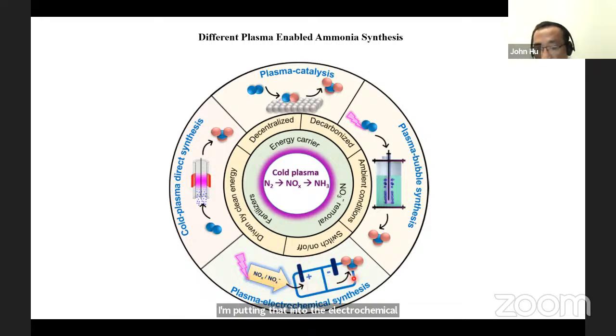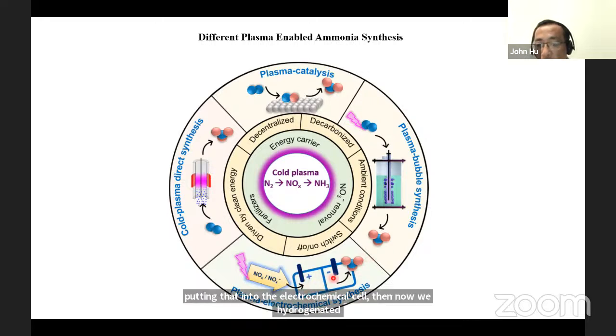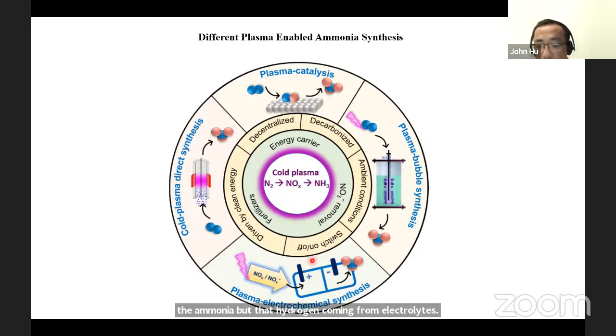Then it is hydrogenated into ammonia, but that hydrogen comes from electrolysis, so it's not free. You have to have electricity and generate hydride instead of H2, and then make ammonia.